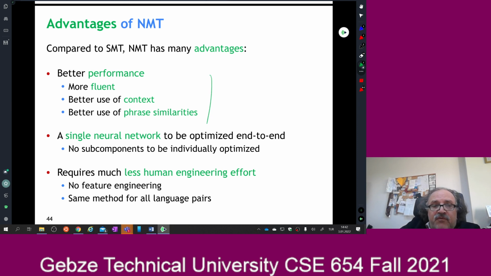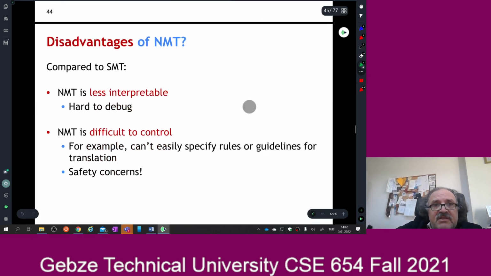No feature engineering required, and it is the same method for all language pairs. Doesn't matter English, French, it is all the same thing. Good. So that's the neural machine translation.